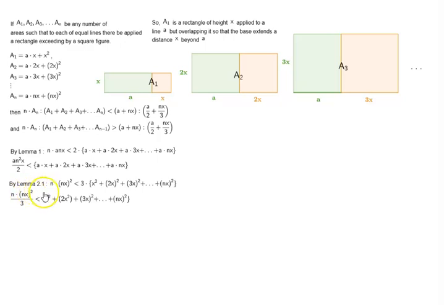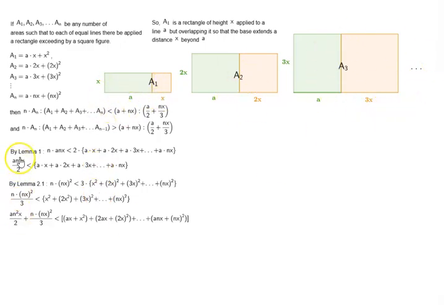And by lemma 2.1, we have n times nx square is less than 3 times x square plus 2x square plus 3x square plus nx square. So which can be written as n times nx square by 3 is less than the sum of all the squares. Now let's add these two, get the complete rectangles.